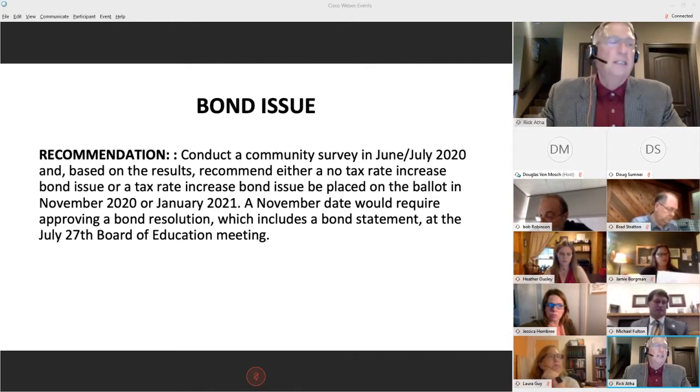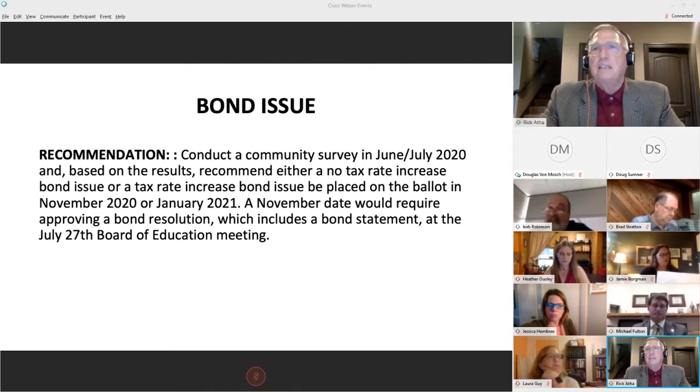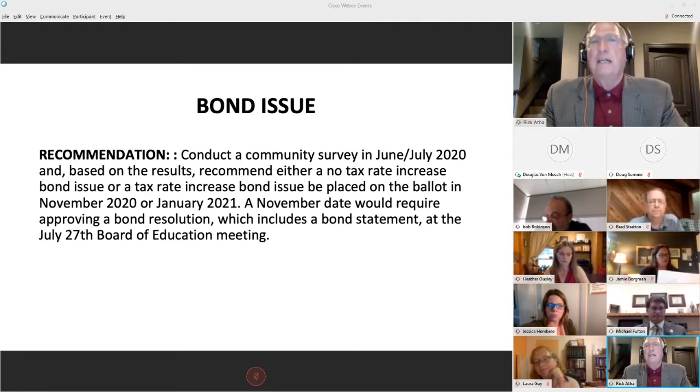So this is primarily maintenance of aged facilities that need tender loving care.